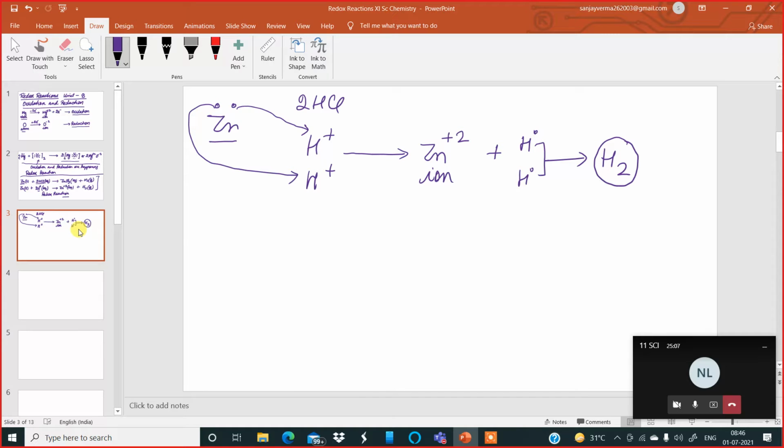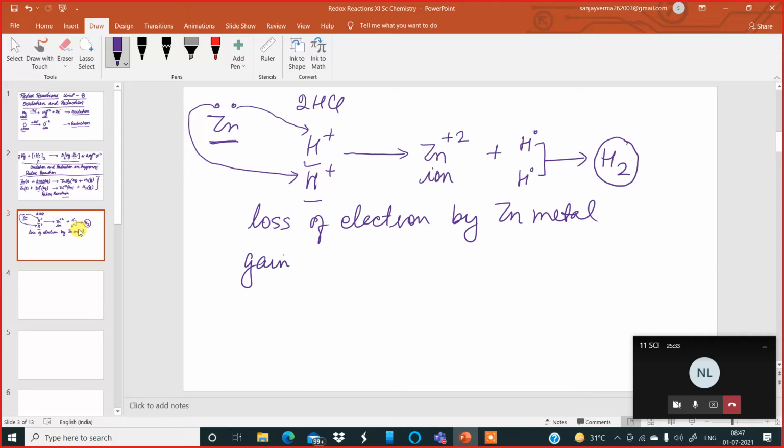So here we can see the zinc metal has lost two electrons, given away two electrons, and the two hydrogen ions have received one electron each. There is loss of electron by whom? By zinc metal. And there is gain of electron by whom?